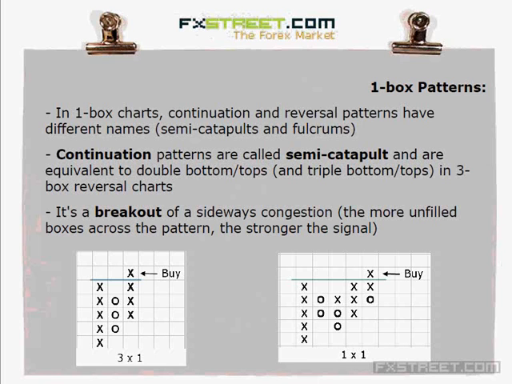Okay, it's basically a breakout of a sideways congestion, like we see here on the right side on that little chart here, where we see the same price action that gave way to this double top here on the right.